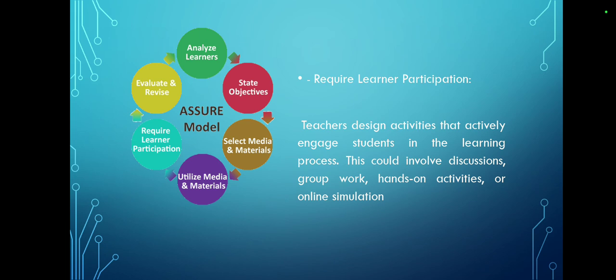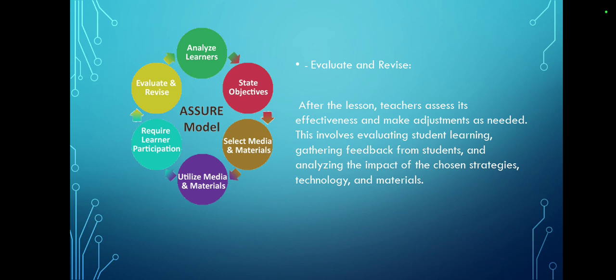And then for the last letter E, evaluate and revise. After the lesson, teachers assess its effectiveness and make adjustments as needed. So as teachers, we need also to adjust what needs to be adjusted.